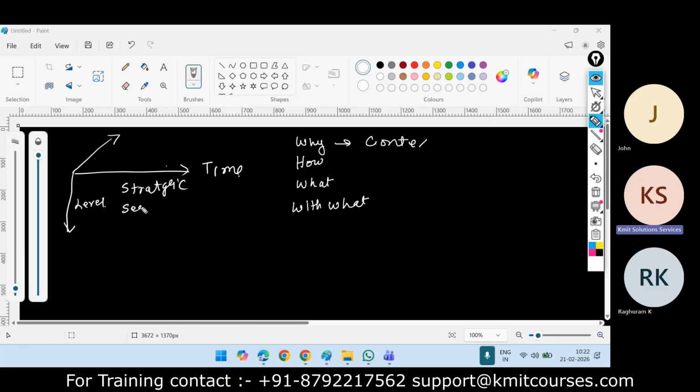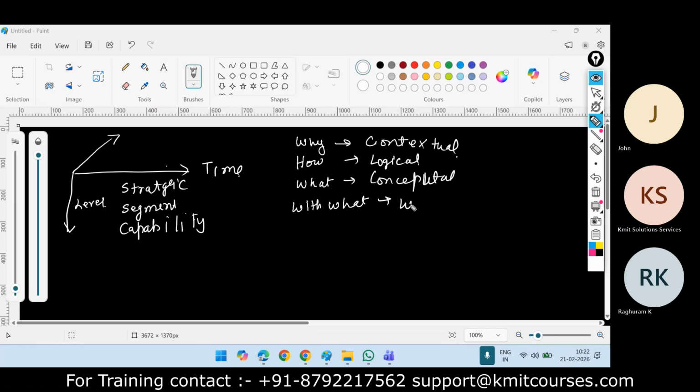Then we have segment, and we have the capability. Right. So we have discussed why, contextual; what, which is conceptual; how, logical; and what is assets or physical abstraction.